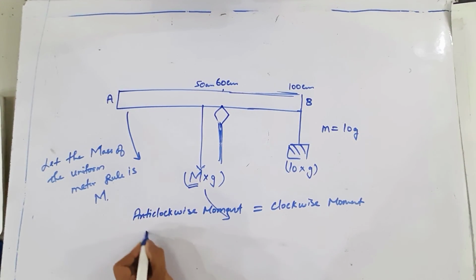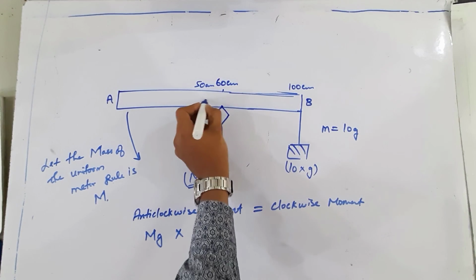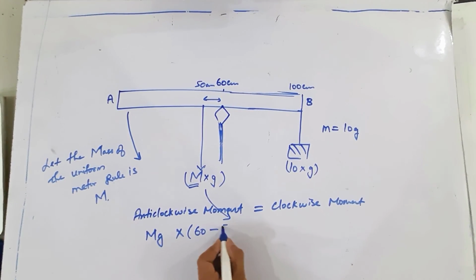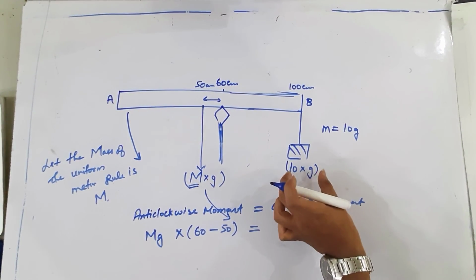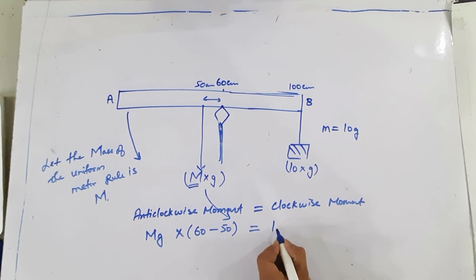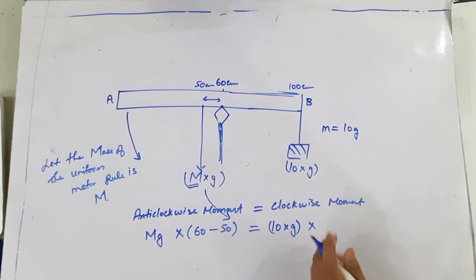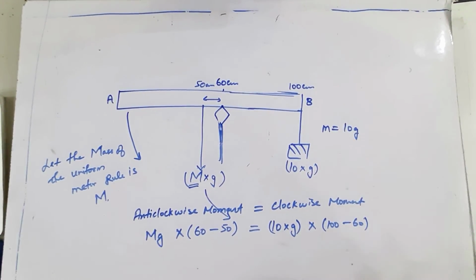It is mg multiplied by the distance from the pivoted point. So it is 60 centimeter minus 50 centimeter. And here the clockwise moment is produced by this weight suspended, 10g multiplied by the distance, that is 100 minus 60 mark.